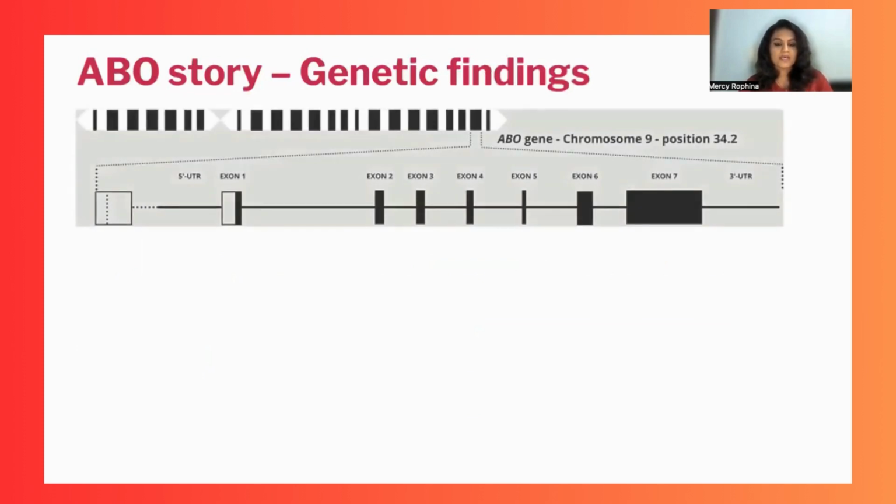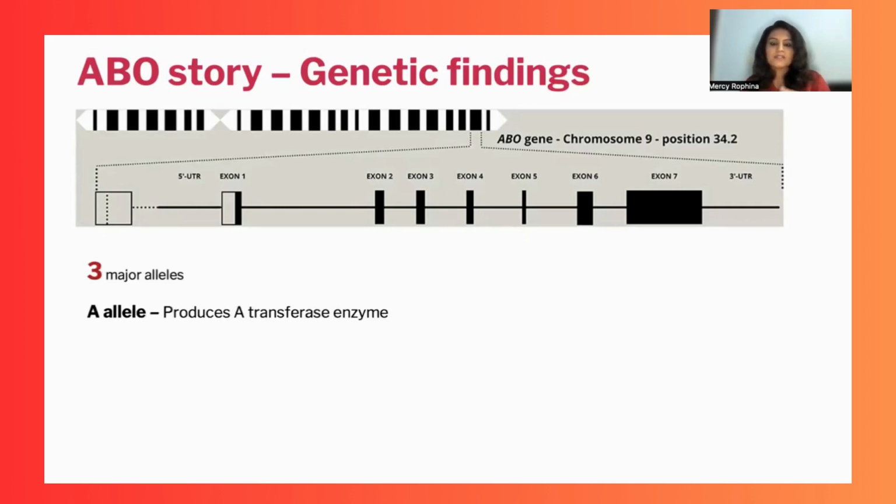The first thing being that the production of the enzymes, the GTA and the GTB enzymes, was primarily regulated by a gene called the ABO gene, which is present in chromosome 9. This particular ABO gene comprises 7 exonic regions, and a particular individual can have a combination of 3 major alleles.